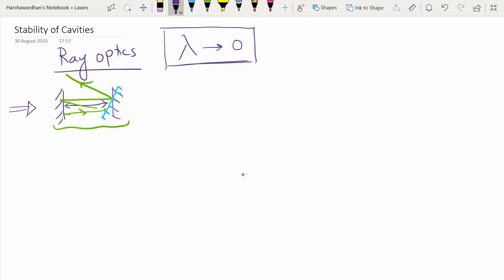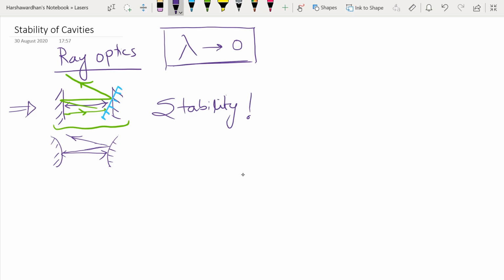Similarly, one can see that if I come up with a cavity in which both the mirrors are convex, certainly this is not going to work. This is going to be an unstable cavity because only the fields which are precisely along the axis are going to work out, whereas any field which comes at a small angle from the axis of the cavity is going to walk away. So what we are looking for is the notion of stability.